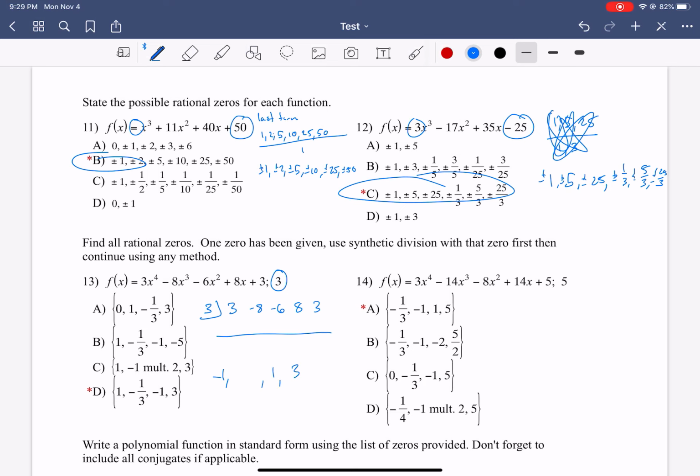So the options then become narrowed down to just D. But if we wanted to figure out that answer, then we have to use synthetic division. And just give me a second to be silent as I try to remember what I did wrong here about why I can't get the answer.